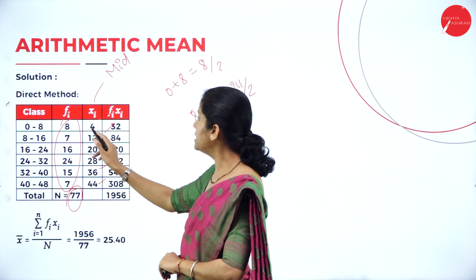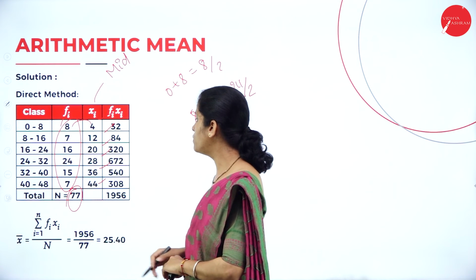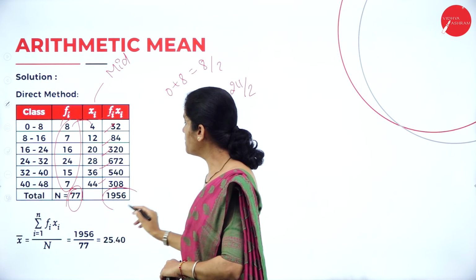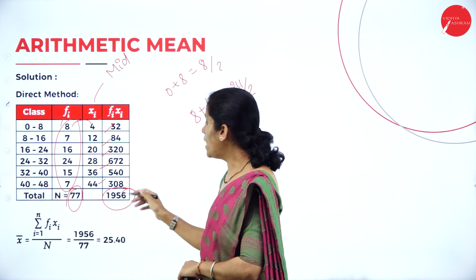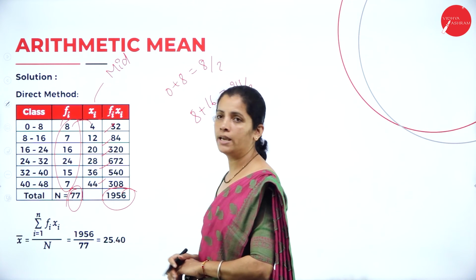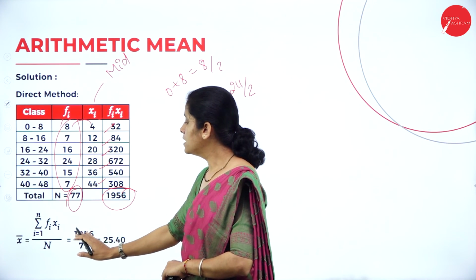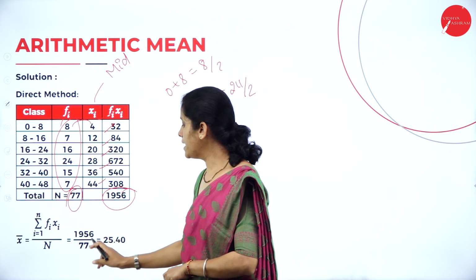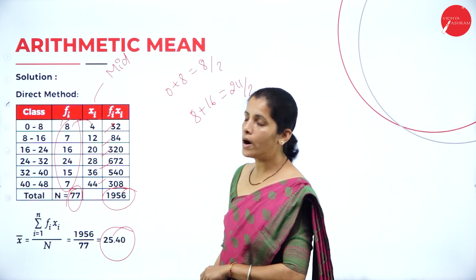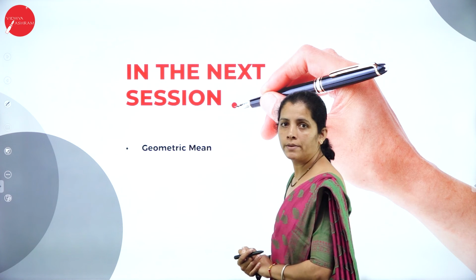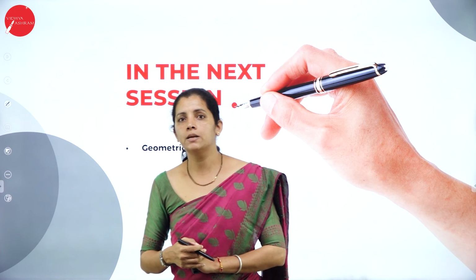And when I multiply, 8 into 4 is 32, 7 into 12 is 84, and so on. And the summation of fi into xi is nothing but 1956. Okay. Now this is the direct method. So 1956 divided by 77, the answer is 25.40.